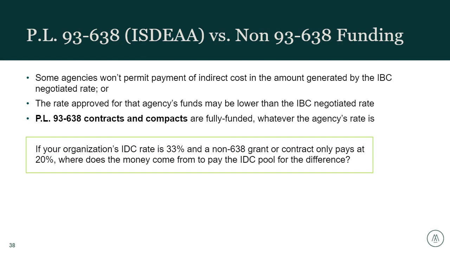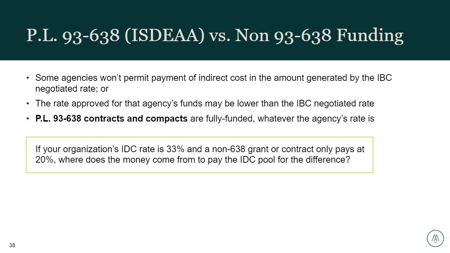In this portion of our presentation, I would like to touch on the difference between granting under Public Law 93-638, which is the Indian Self-Determination and Education Assistance Act, and non-93-638 funding. Please keep in mind that some agencies will not permit payment of indirect cost in the amount generated by the Interior Business Center negotiated rate.